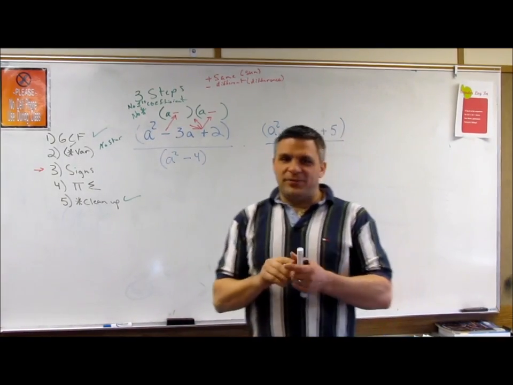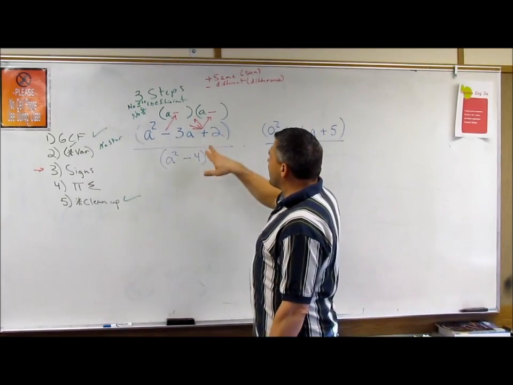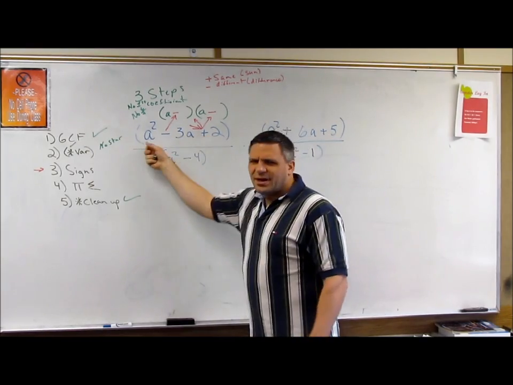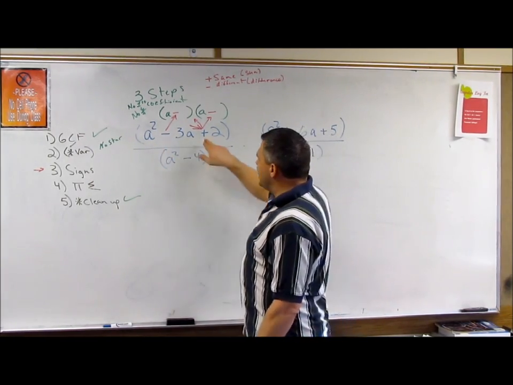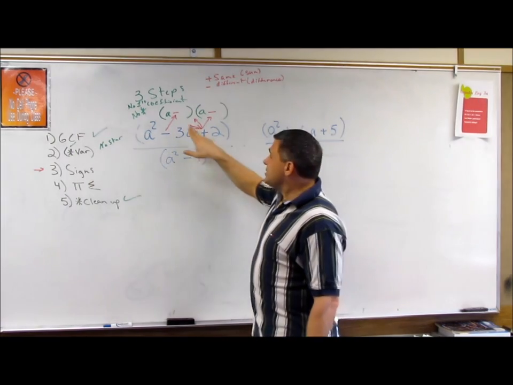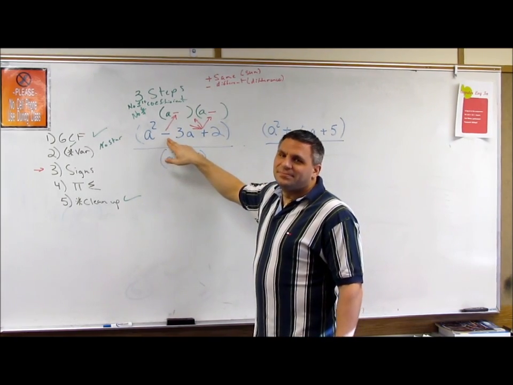And this is what confuses most students: wait a minute, these two are the same, but these two are not. How is that possible? Well, this is a product of two things, like this times this is this. But this is a sum, so this plus this.